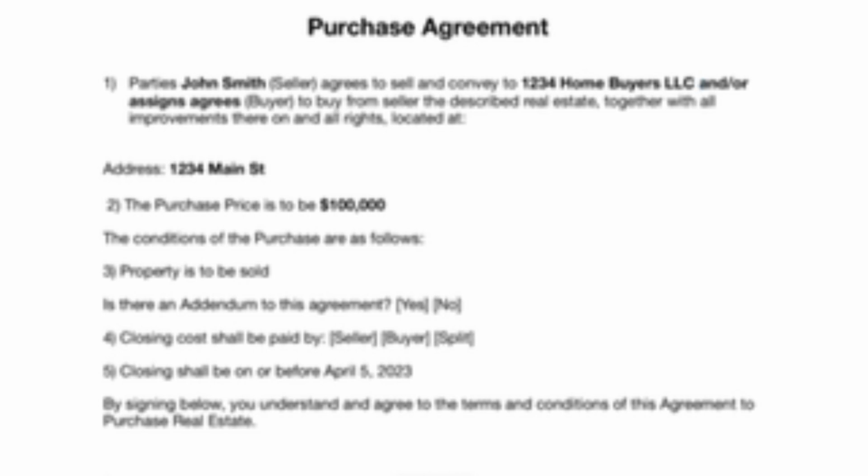Let's say 1234 Home Buyers already has a loan out and you can't get a loan, but you have another LLC, maybe a sister LLC under maybe a series LLC or something like that, and you wanted to get a loan through a different LLC, you can actually assign this agreement from yourself to your other LLC to be able to do different type of financing and things like that.